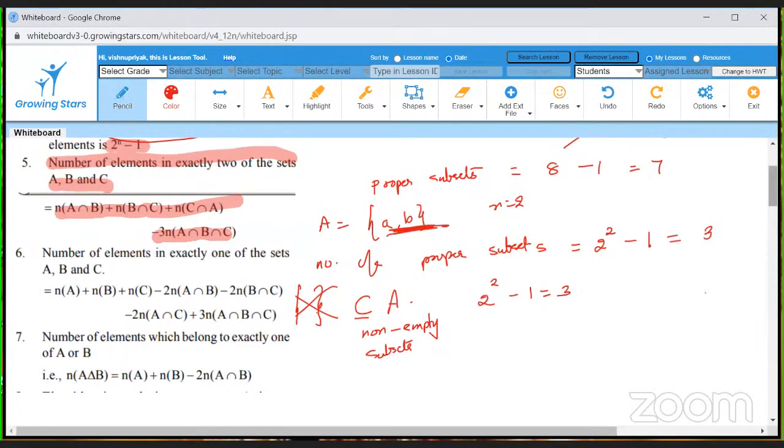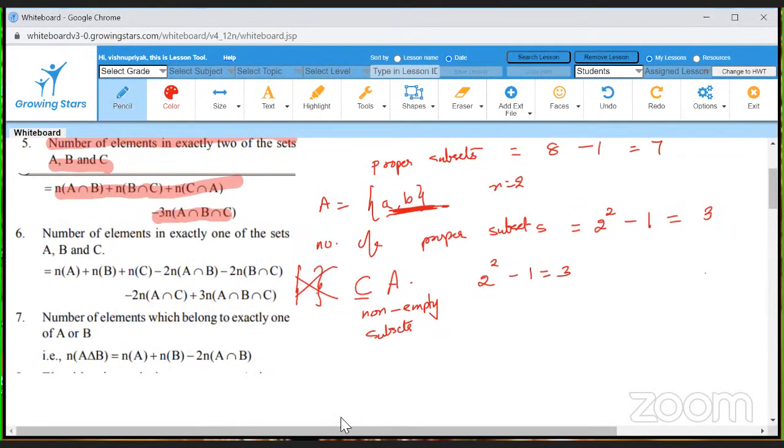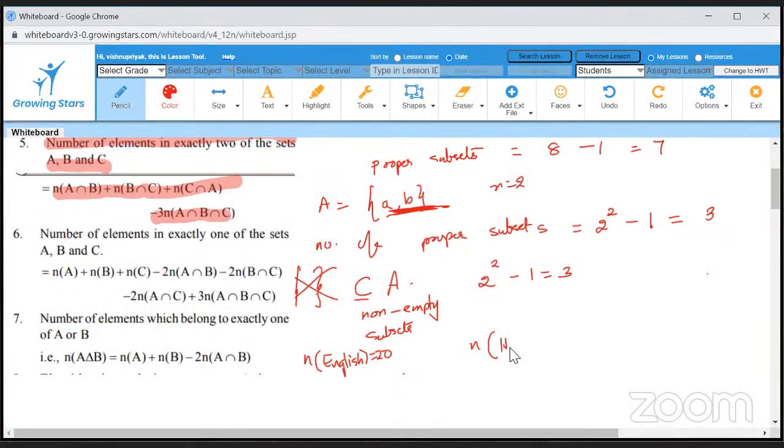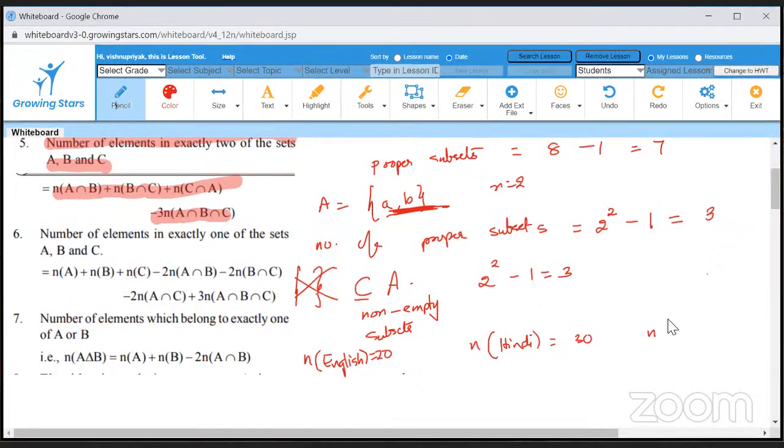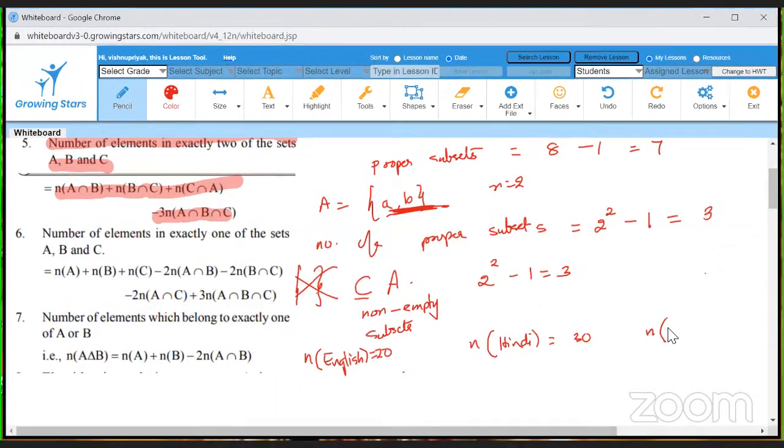This is the kind of problem where it will be applicable. Suppose you get one problem like this: number of people speaking English is 20. Number of people speaking Hindi is 30. And number of people speaking Kannada is 10.